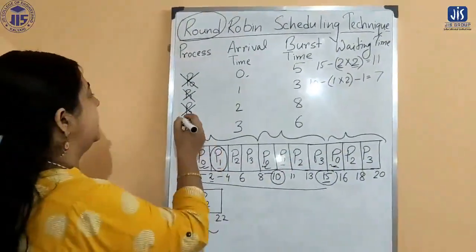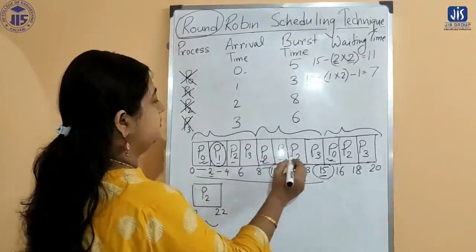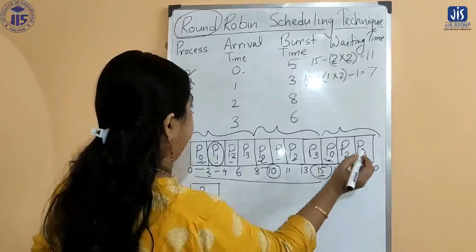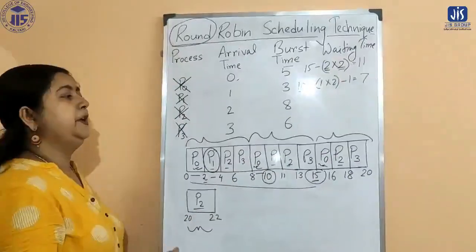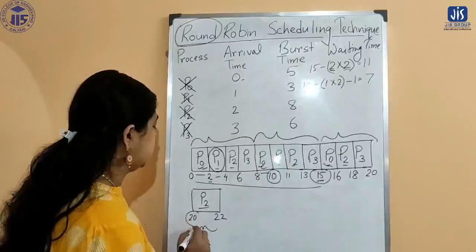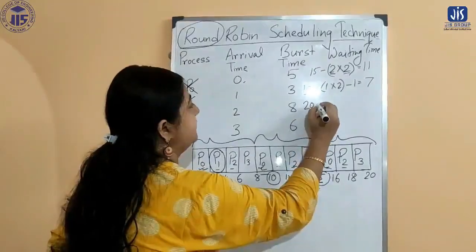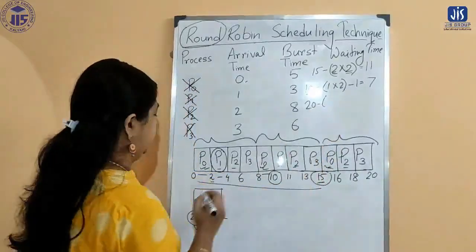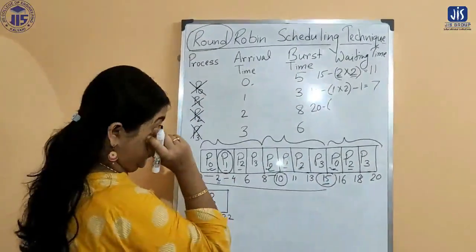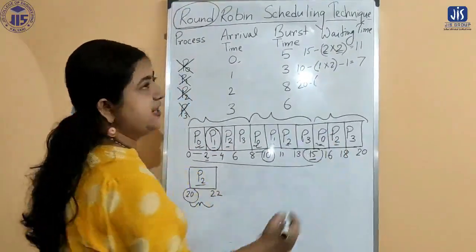Okay. Now for P2. P2 was executed 1, 2, 3, 4, for 4 times. And this is the last execution time, so I am going to take this time. Before that it has executed 1, 2, 3 times.